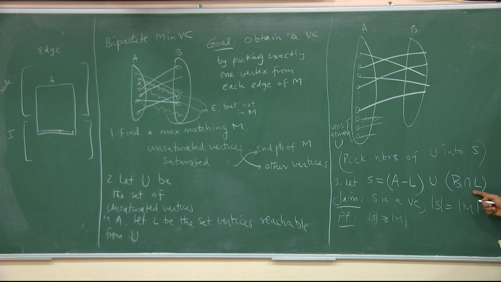We actually argued for the neighbors, the same argument should hold. Anything here in B intersection L which I'm going to pick, it has a matching edge. It's not an unsaturated vertex. Why?